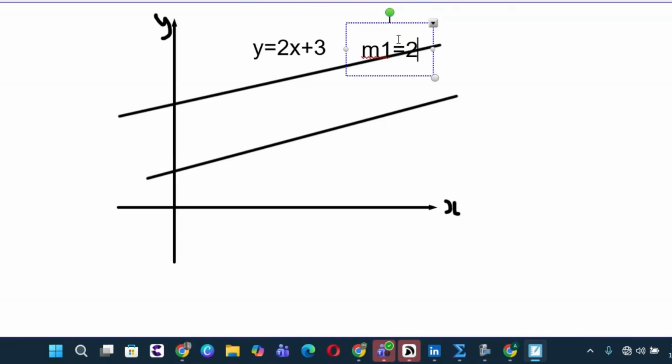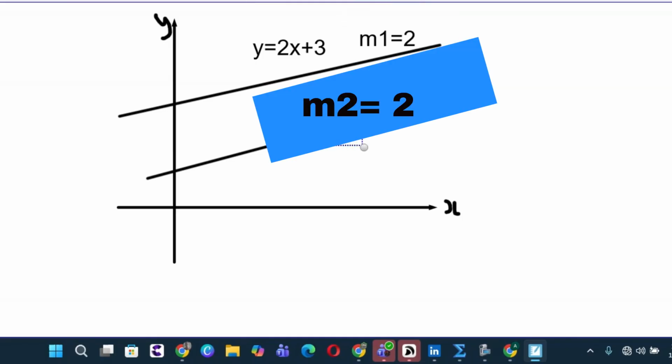So since the two of them are parallel to one another, they have the same gradient. So let's call the gradient of this one m2. So the gradient of this line m2 is going to be 2 as well. That is the first information that we need.